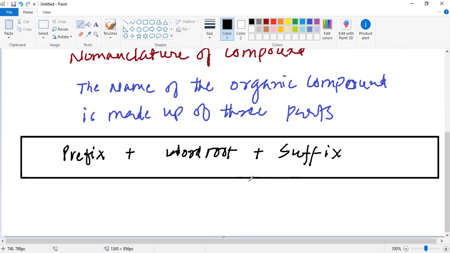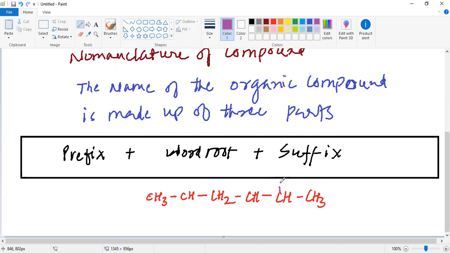So let me explain this to you, my dear student. How does it really work? Suppose you have a compound that is CH3, CH, CH2, CH, CH, CH3.